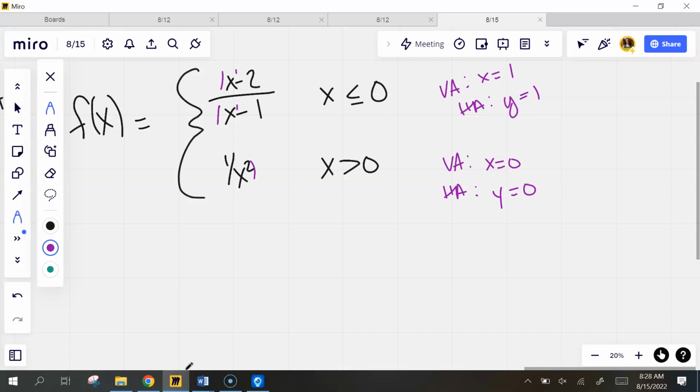All right, let's do the limit as x approaches negative infinity. Which function am I using, the first one or the second one? The first, because it's negative infinity, that one's less than 0, right? So what is the limit as I go to negative infinity here? What do you think?